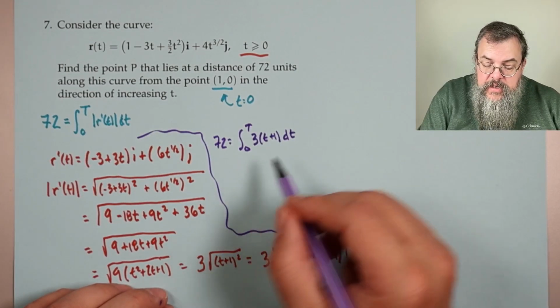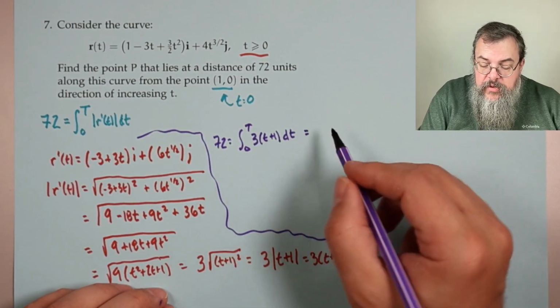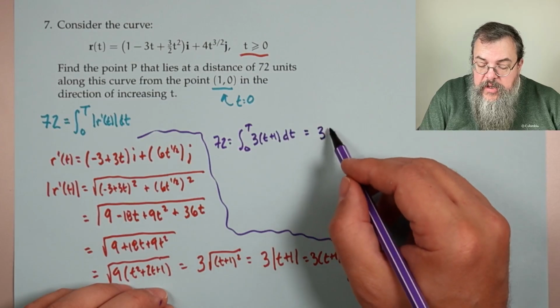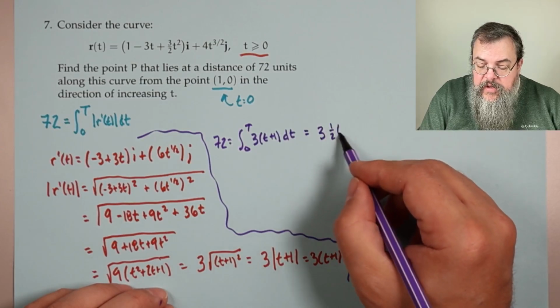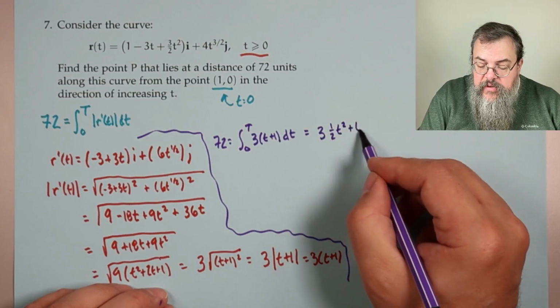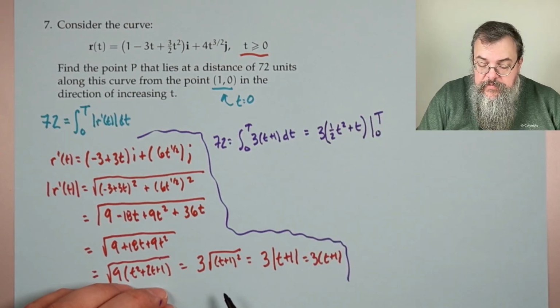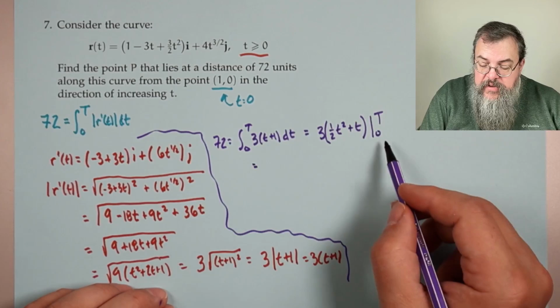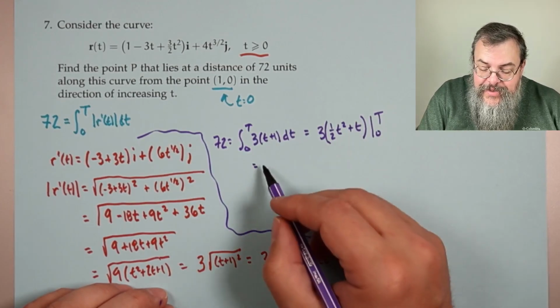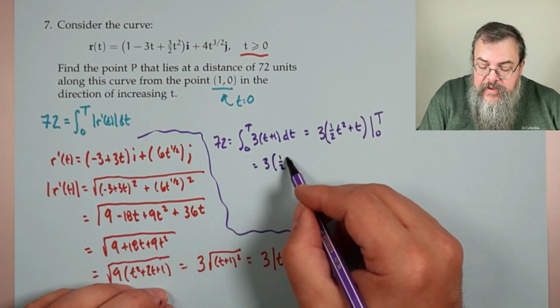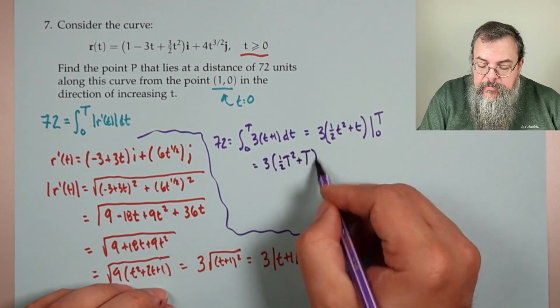Well, that's equal to 3 times 1/2 t squared plus t, evaluated from 0 to capital T. When you plug in 0, you get 0, which is nice. So you get 3 times 1/2 capital T squared plus T.